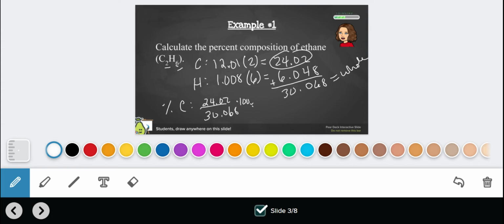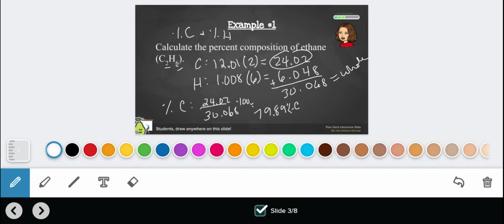So we get 24.02 divided by 30.068, multiplied by 100, and we get 79.89% carbon. Right? So now we have to find the percent of hydrogen.